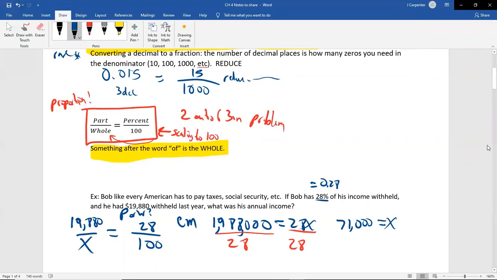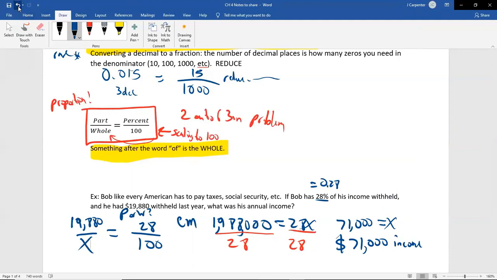Now remember, whenever you get an answer, that doesn't mean it's the answer. What is its income? If you say 71,000 this way, nope, that is wrong. Technically speaking, we're QR students. We know units are critical. Is it 71,000 apples? Is it 71,000 yen? Is it 71,000 bobs? No, it's $71,000. That was his income. I don't want to write X there. I want to say income.